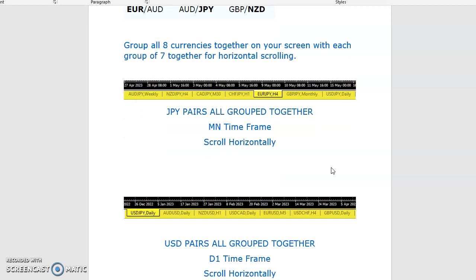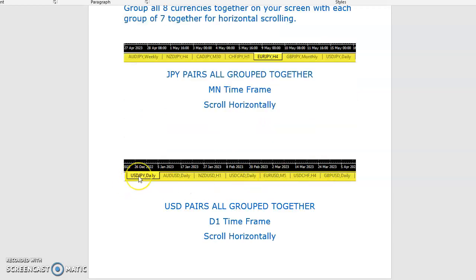Okay. And here is the USD pairs all grouped together. Any time frame you want, you can put them on the same time frame if you wish. And you scroll horizontally. You just click on each individual pair and you can look at the charts.